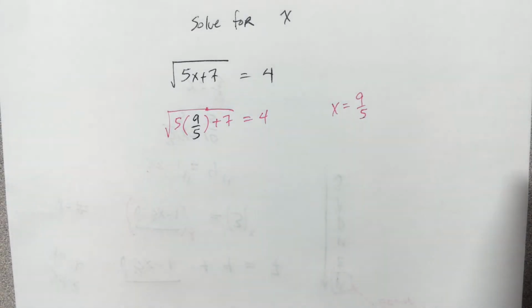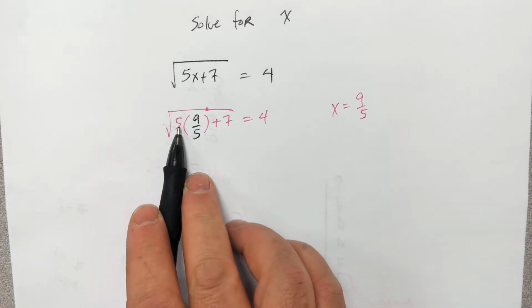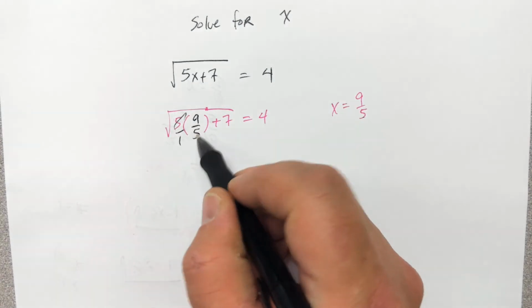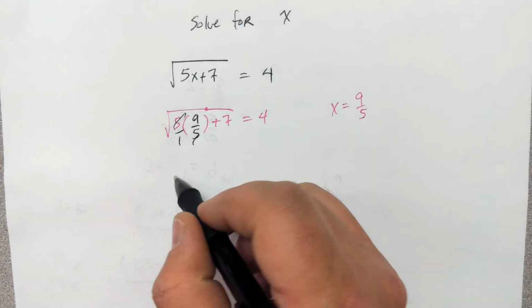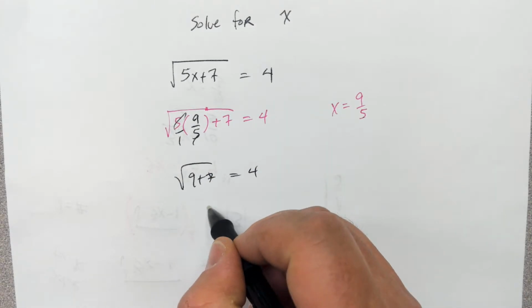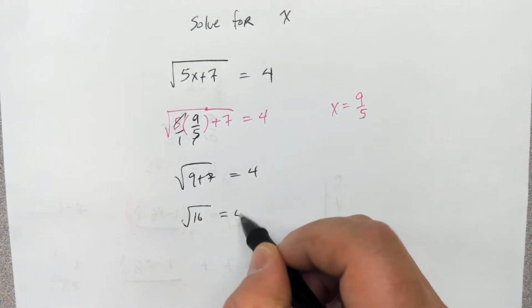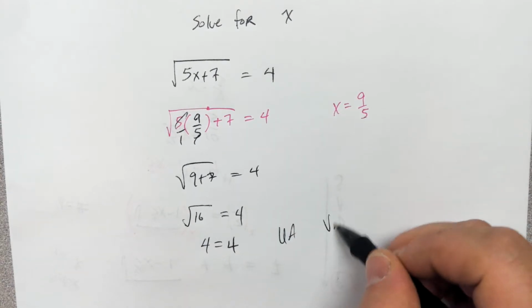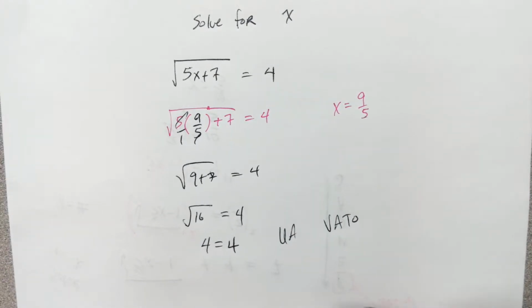And the reason I'm checking this is to help you guys remember how fractions work. That's a whole number, that's a fraction, put a 1 under it, reduce. So this is 1 times 9, 9 plus 7, let's see if that equals 4. That's the square root of 16. That is 4. That's true. We're good to go.